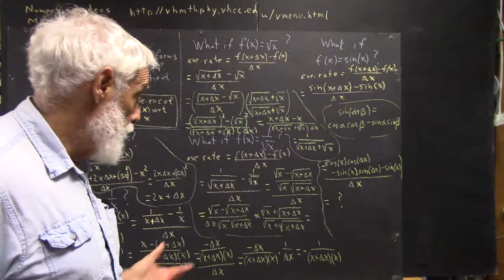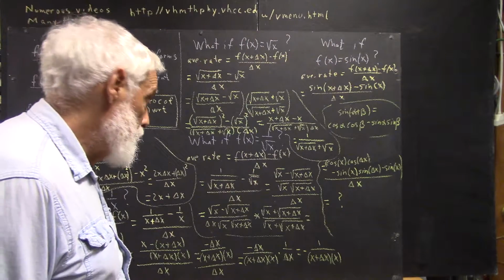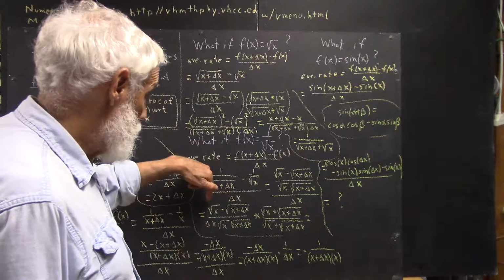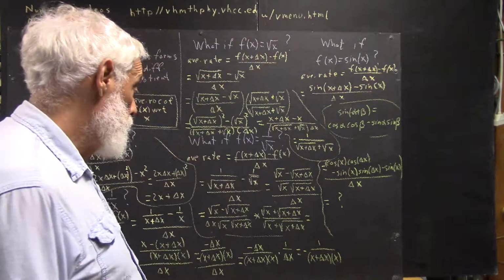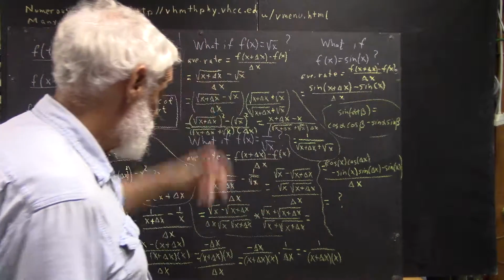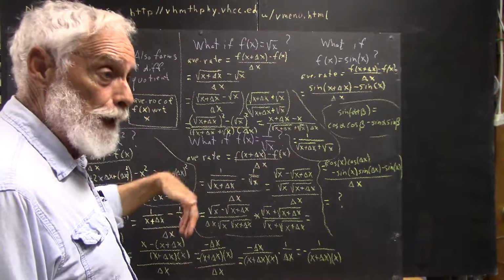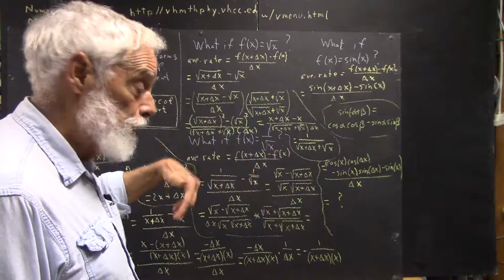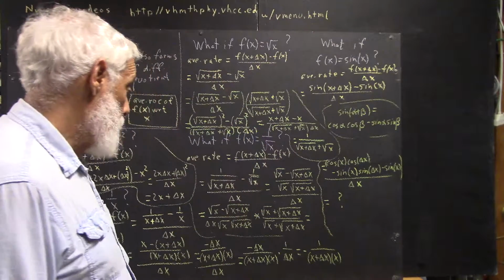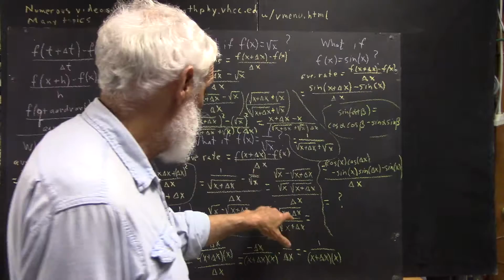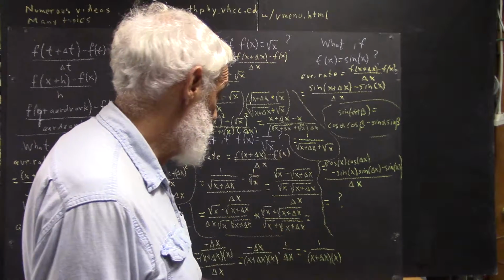Okay, now what do we do? Well, we do something similar to what we did up here. We've got a square root minus a square root. If we do a square root plus a square root, we can again use the fact that a minus b times a plus b is a squared minus b squared. And of course, we're going to have to multiply by that in numerator and denominator.